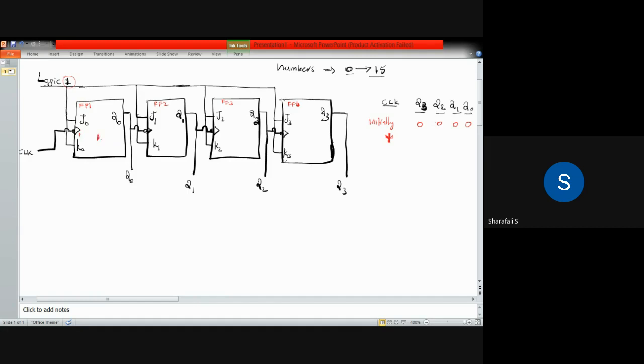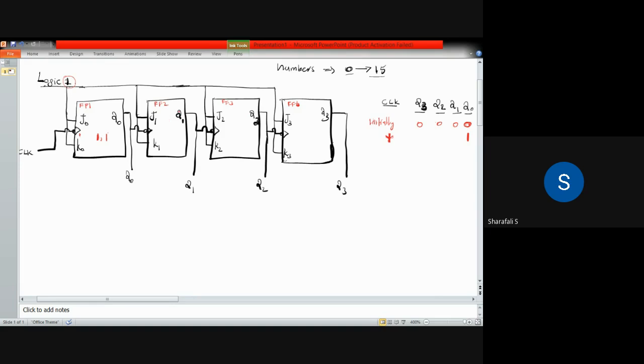In this case, the clock is 1, and the output Q0 will be toggled. Initially, Q0 is 0, as you can see from here, but that will become 1 when the clock is 1, because the toggling will happen. So it has changed from 0 to 1.